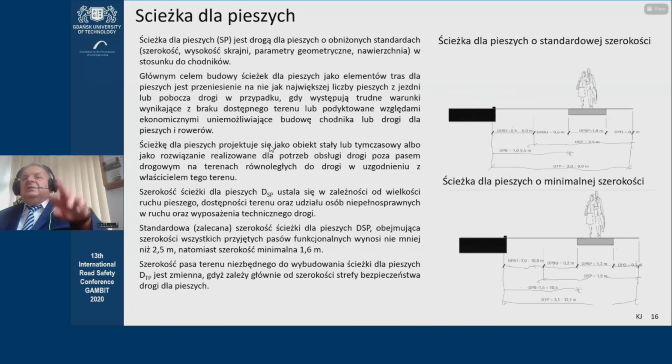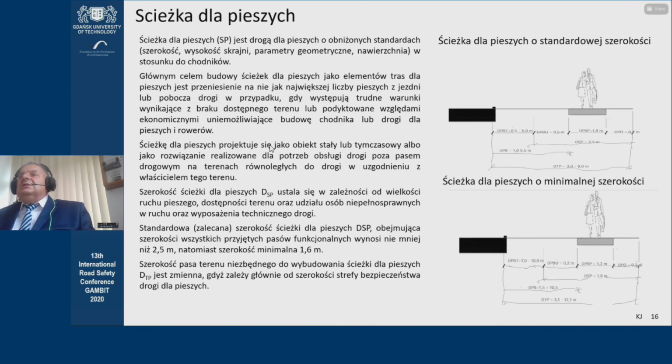The 1.6 is the minimum width for pedestrians, and again, the buffer zone from the driveway is very similar. It ranges from half a meter at 50 kilometers an hour and 11 at 90. Now, the standards are different.